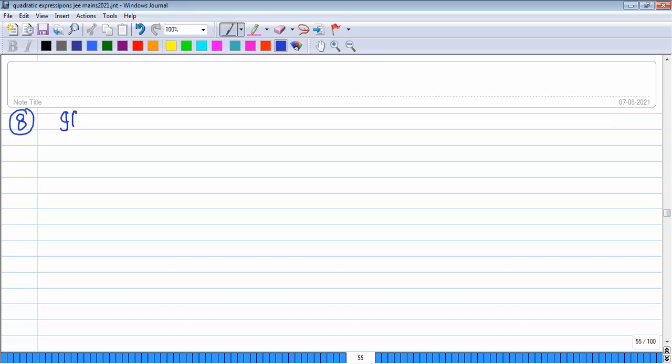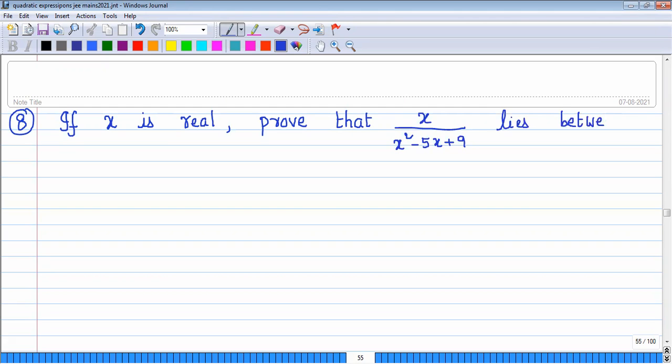One more question. If x is real, or for every x belongs to R, prove that x upon x square minus 5x plus 9 lies between minus 1 upon 11 and 1.